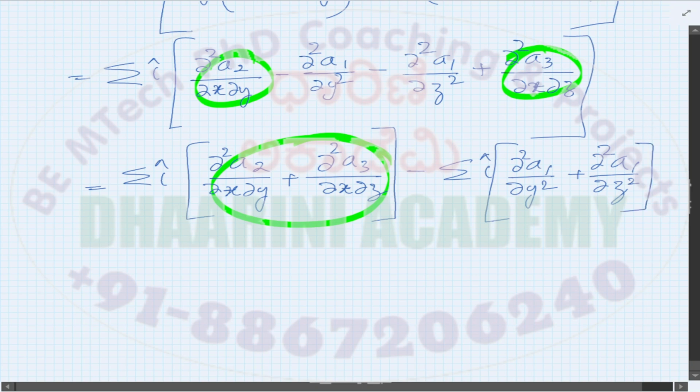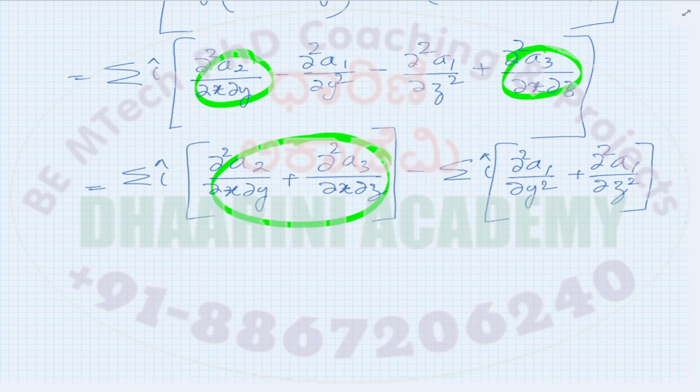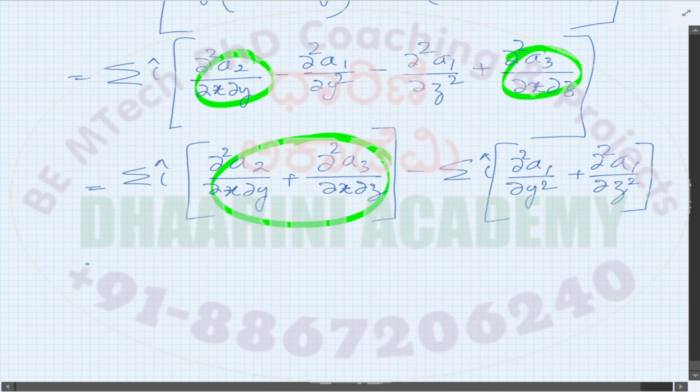Now what we try to do here is expand the terms in the following notation. So we'll try to add and subtract one term to this above. Before that, let me show the coloring that's happening.